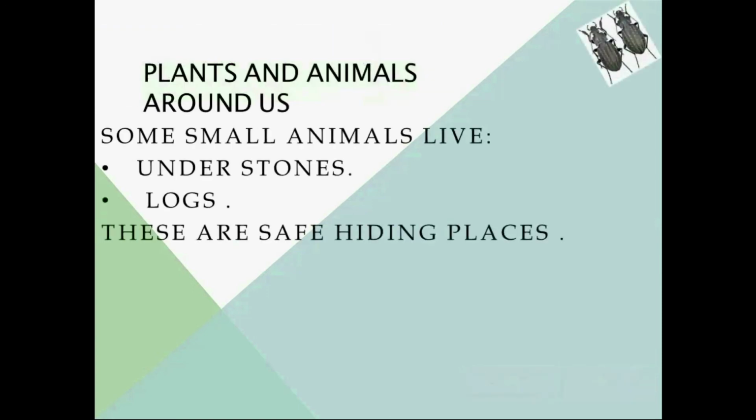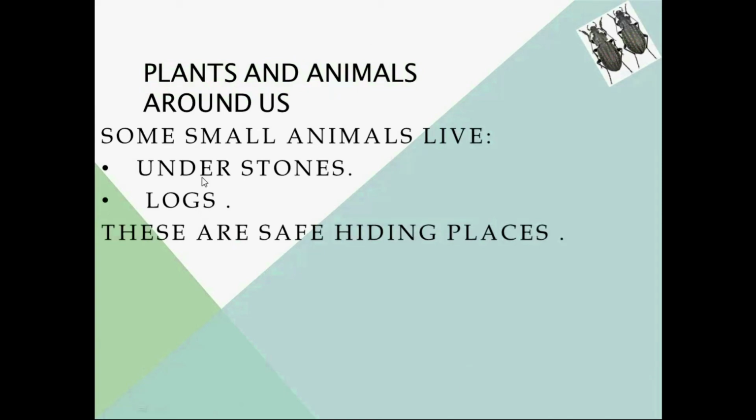Now, bache, today we are going to discuss some animals and plants who live around us. There are some large animals which we can see around us, like cats, like dogs, even rats. So these all are big animals that we can see around us. But there are also some small animals who like to live under the stones or in the logs of wood.